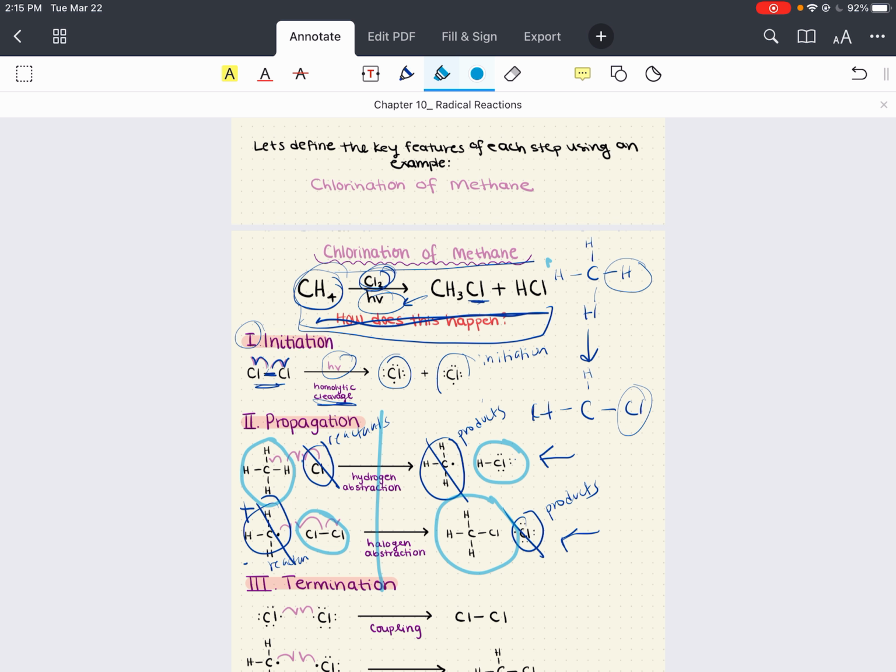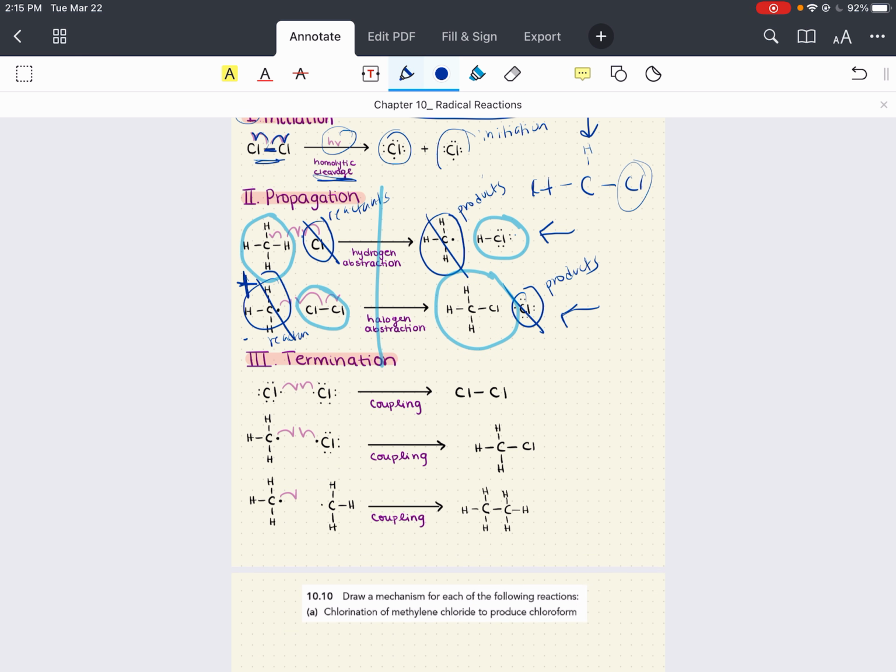That is exactly what we want ultimately. So whenever you are writing up the propagation steps for a reaction, make sure that when you add up all the propagation steps, you get your net reaction.